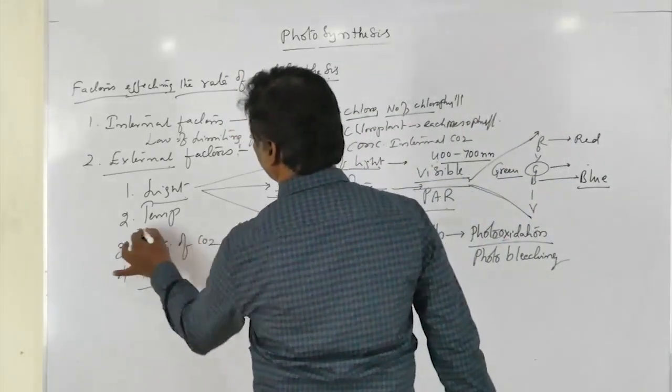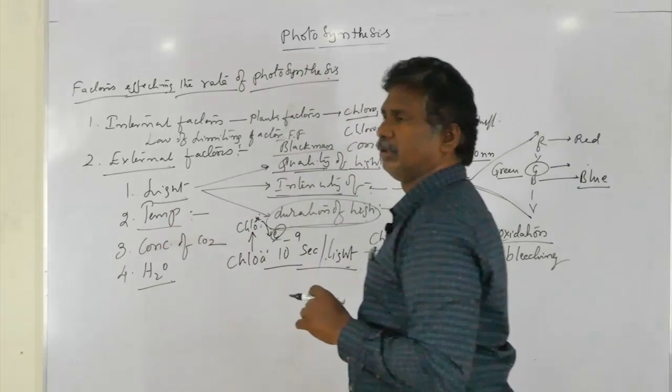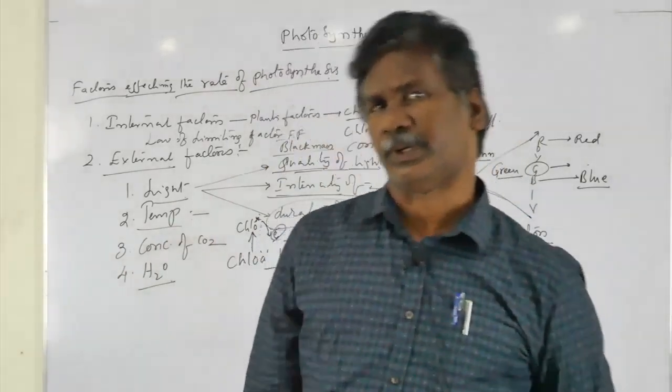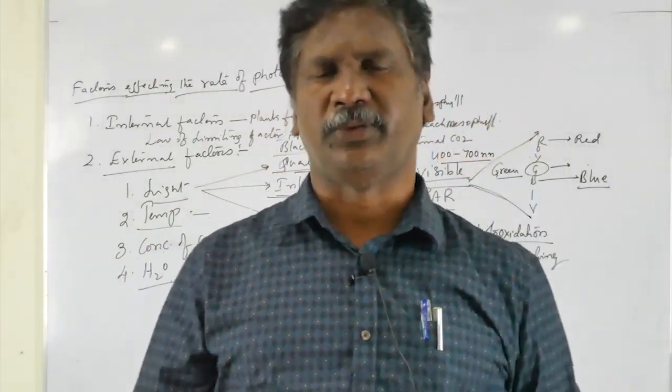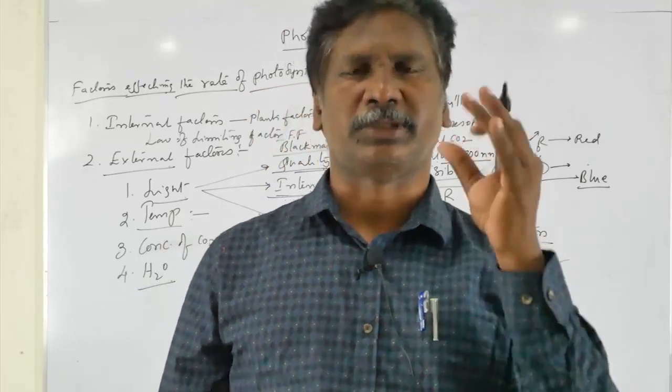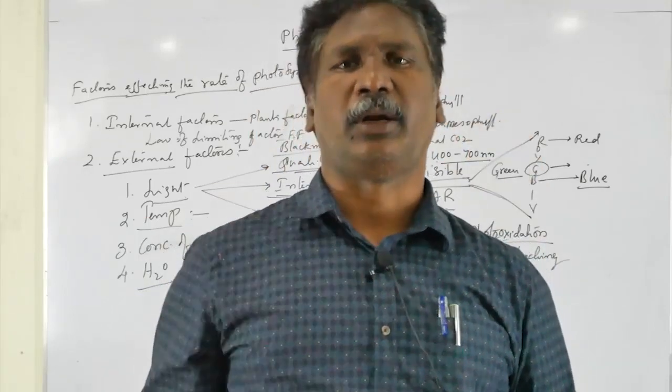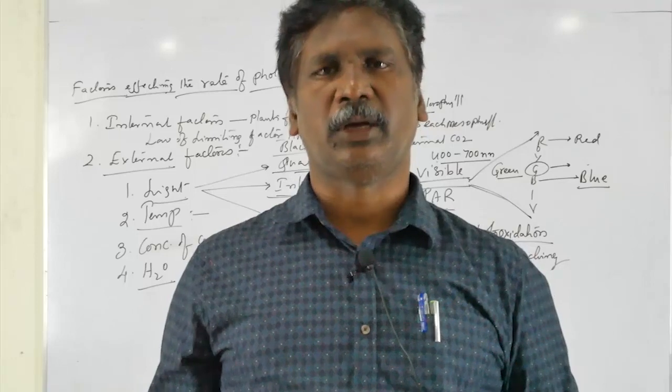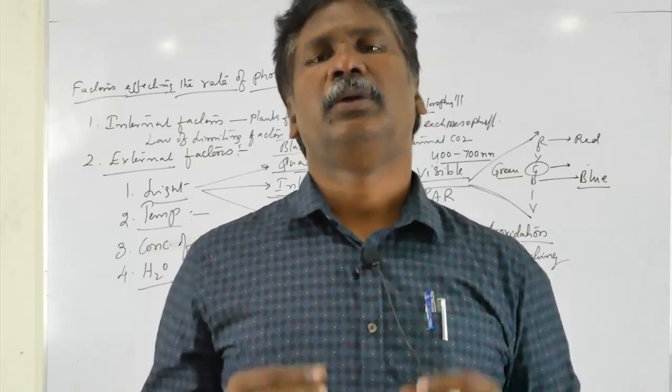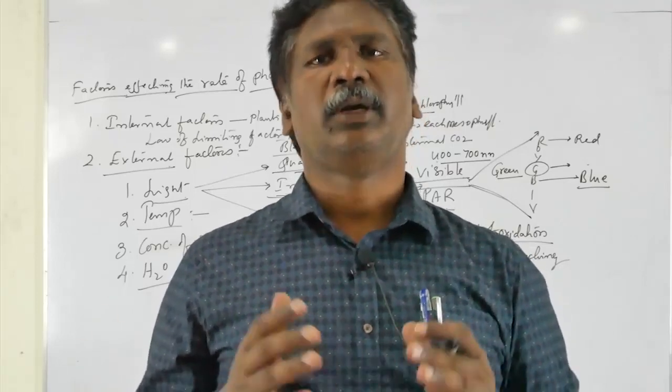Next, come to the temperature. You know very well, a lot of enzymes participate in the C3 cycle, C4 cycle, and also the last step in the non-cyclic electron transport. All enzymes are active with increasing temperature.